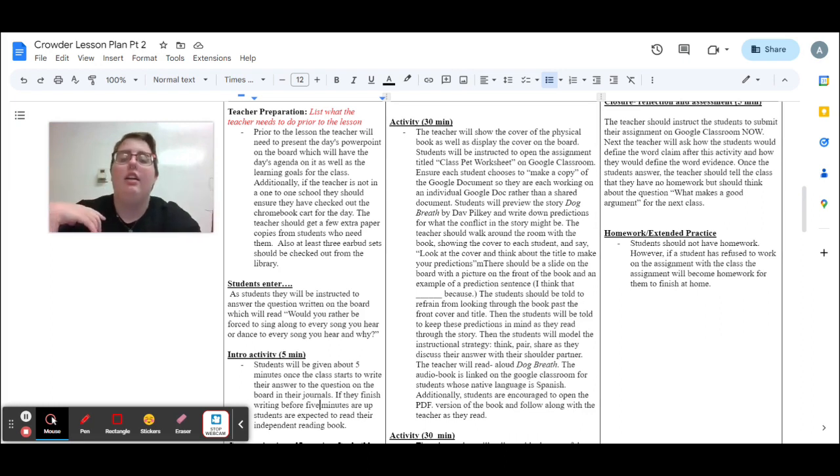But by including this in this lesson plan, I can assess if they understood the lesson I taught them on how to make predictions. So let's say I taught them how to make predictions last week. It's the next week. They've had the weekend to think about it. They've had the weekend to forget about it.